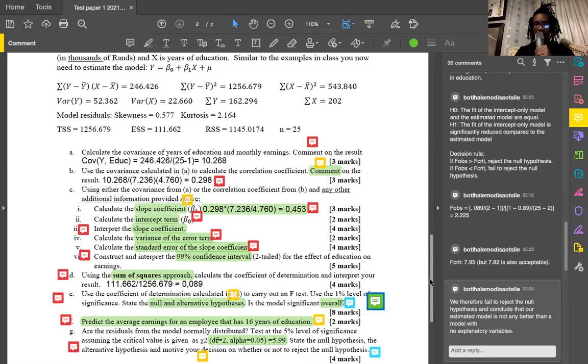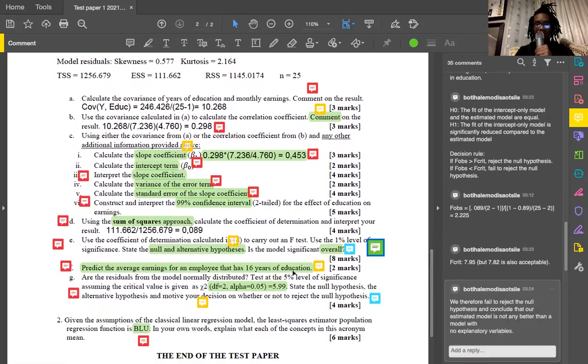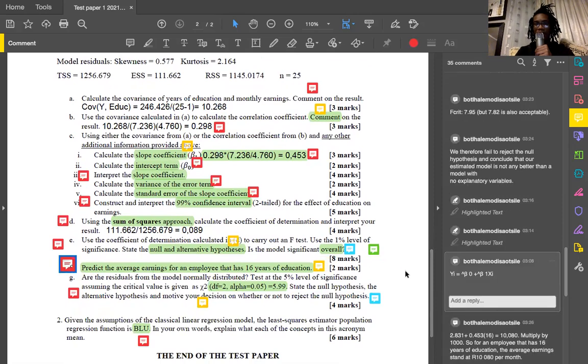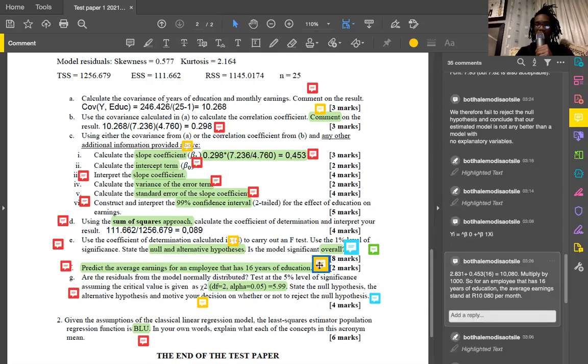Right. Then moving on to predicting the average earnings for an employee that has 16 years of education. So you make use of your regression model. Very important. That's why it exists. You are substituting X basically. So you have your regression model, which is 2,831 plus 0,453x.